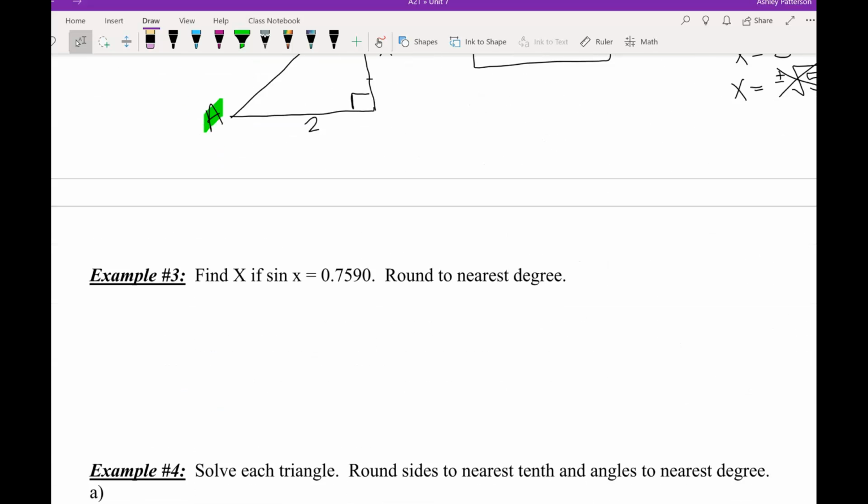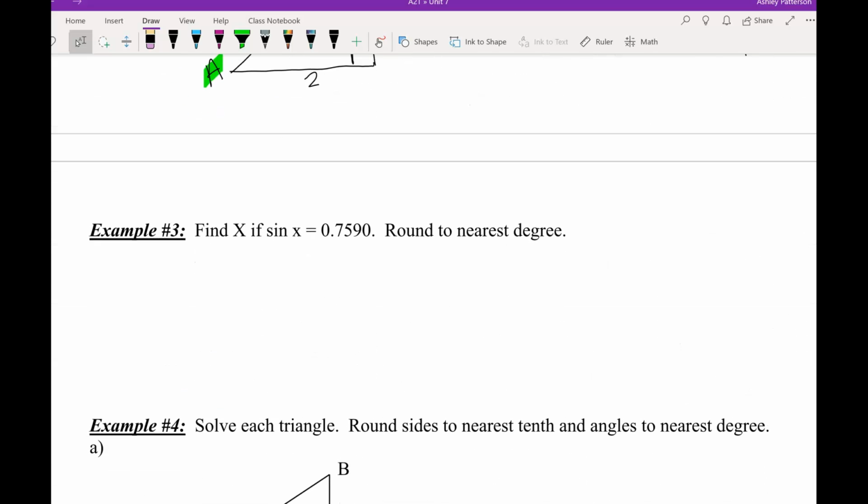So if I need to work backwards, I don't have the angle. I do have the side lengths. Enter in your inverse trig functions. So I'm going to say that the inverse sine of 0.7590 will give me the angle.